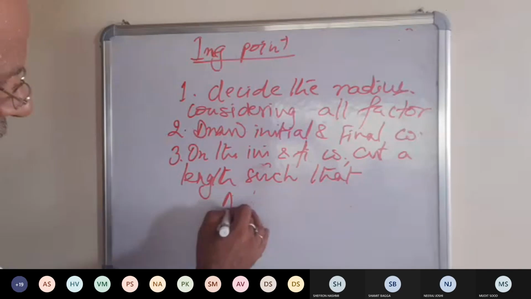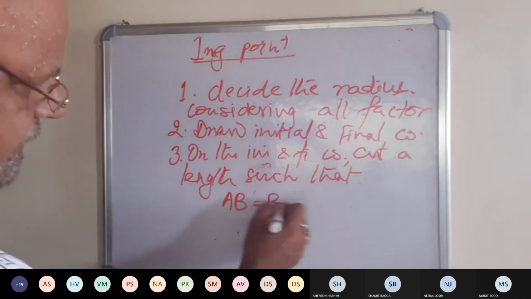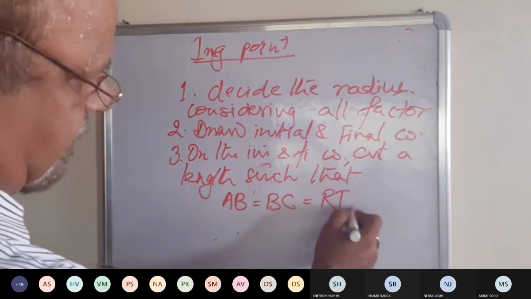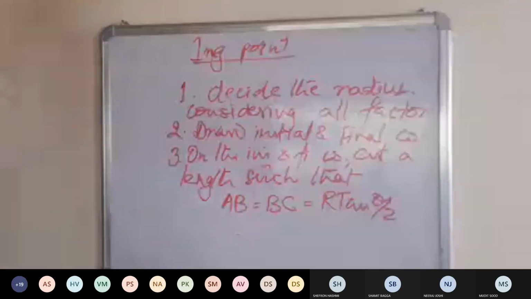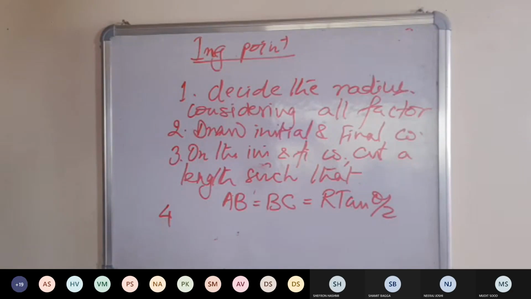So we are writing like AB is equal to BC is equal to R tan θ/2. नंबर 4 में क्या किया था बताओ? सर इंटरसेक्टिंग पॉइंट से R का रेडियस का आर्क लेके इमेजिनरी पॉइंट O को निकाला था.